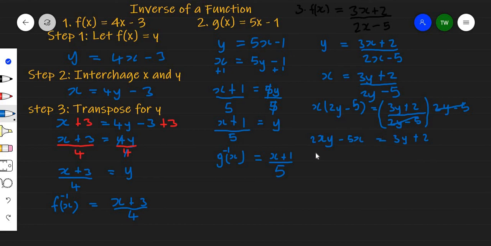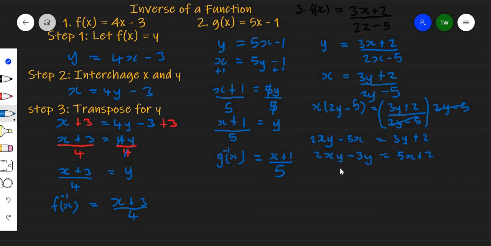So I'm going to write back my 2xy here. And if I move 3y across, it becomes minus 3y, equal to. And if I move this minus 5x across the equal sign, it becomes positive 5x plus 2 here that I had.